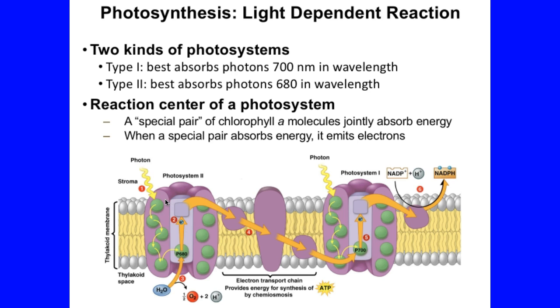What's coming out is, when two of these water molecules are broken down, it creates oxygen. Remember, this is one of the products that comes out of the photosynthesis chemical equation. Not only do we have a release of oxygen, we also have some ATP being made, as well as NADPH.